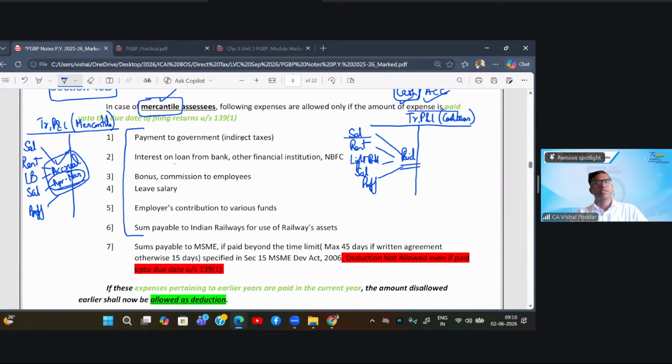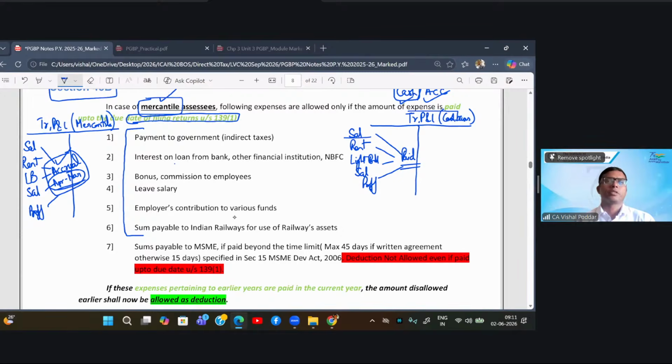Either during the previous year or latest up to the due date of filing your returns. So either you paid immediately during the year itself, or even if the year is ended, I will allow you some extra 3, 4, 5, 6 months. That is up to your due date of filing returns. Till then, you pay these amounts. Means these amounts should not remain outstanding beyond your due date of filing returns.